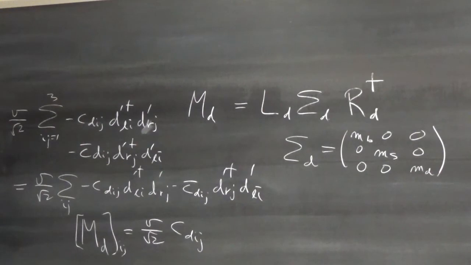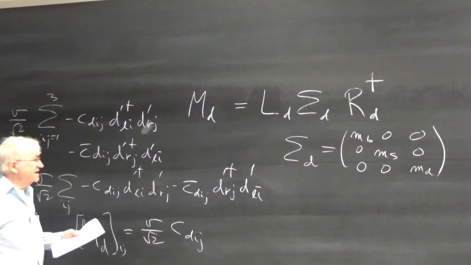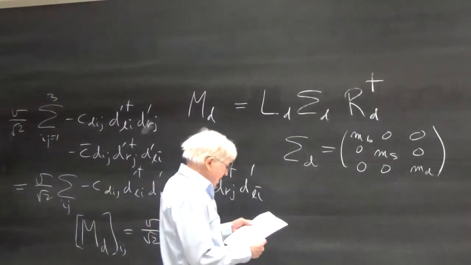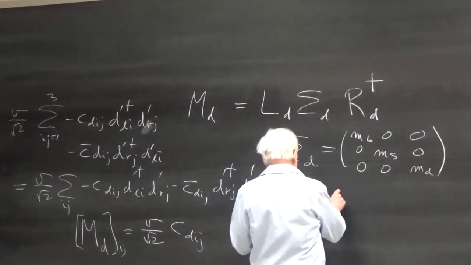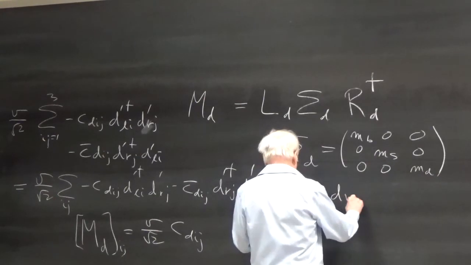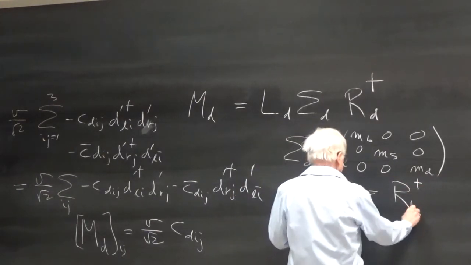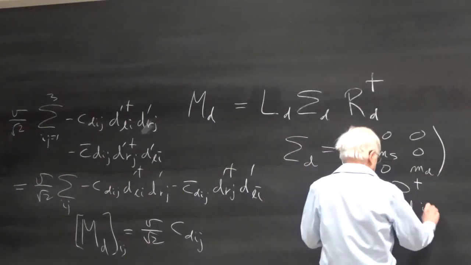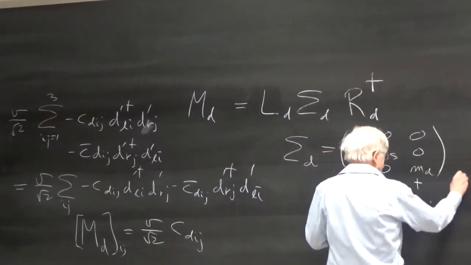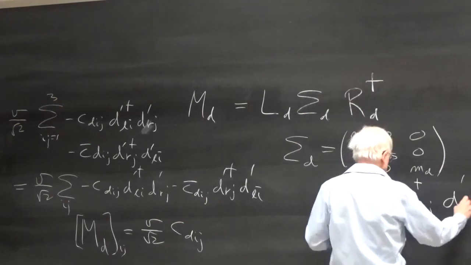Certainly the sign does not matter. So what are the mass eigenstates? The mass eigenstates are d right i is R dagger ij d prime right j.